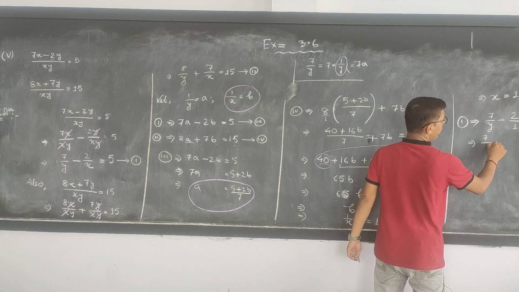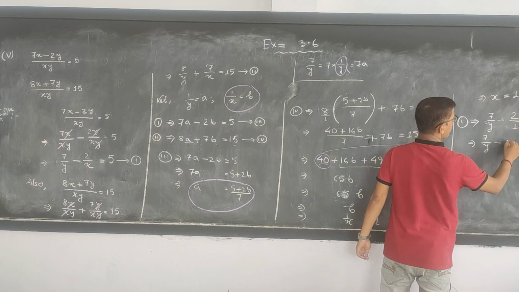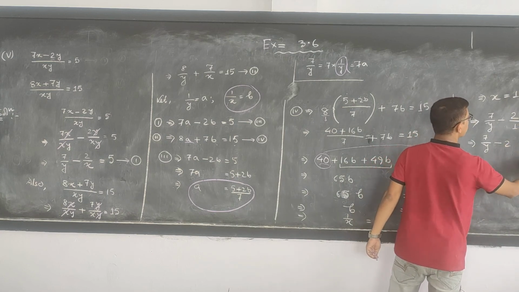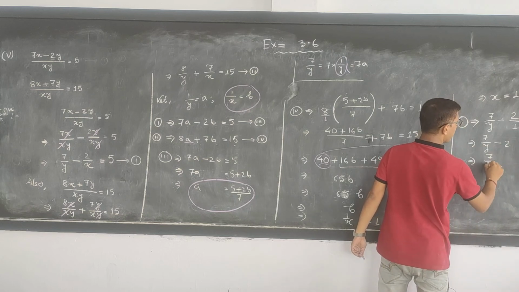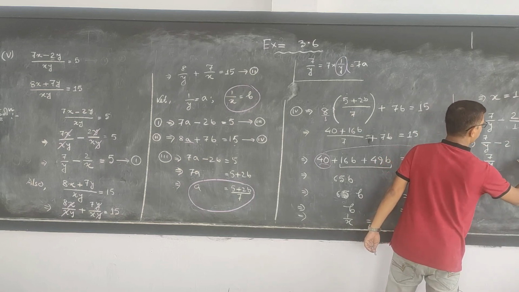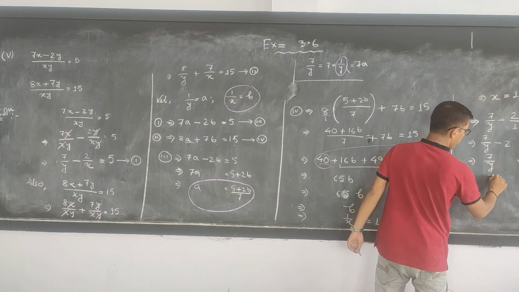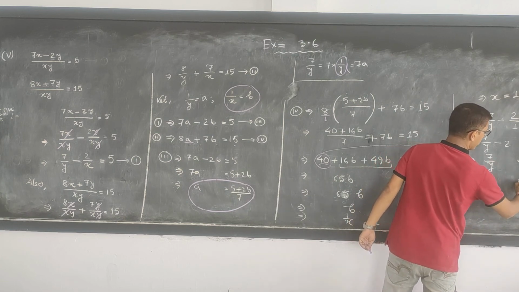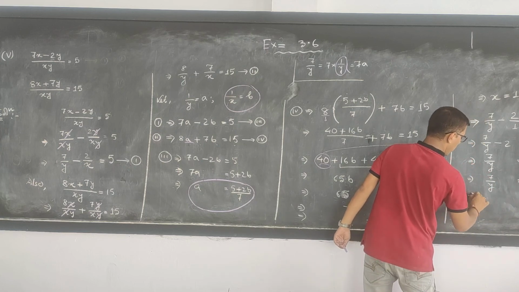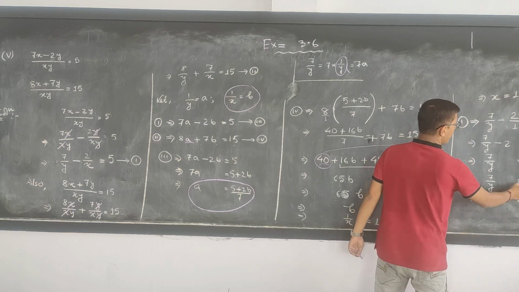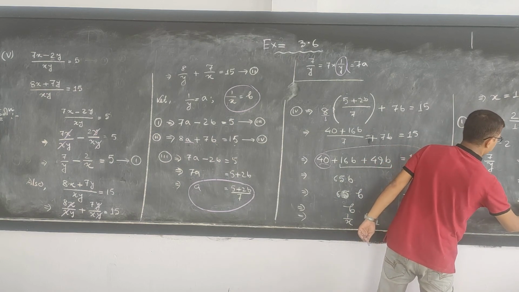So 7 by y minus 2 equals 5. Minus 2, if it is shifted to that side, then 7 by y will be 5 plus 2. So 7 by y equals 7, then y will be 7 by 7, that is 1.